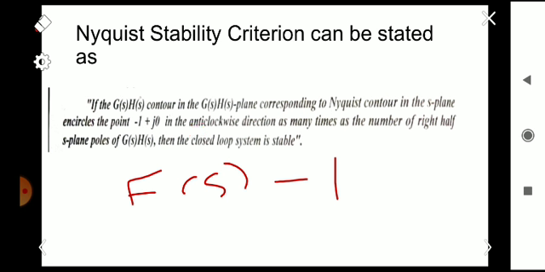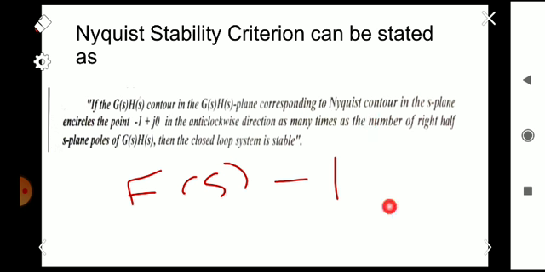For example, if you are having two right half s plane poles of G(s)H(s), that is, this F(s) minus 1 function is having two poles on the right half of the s plane.